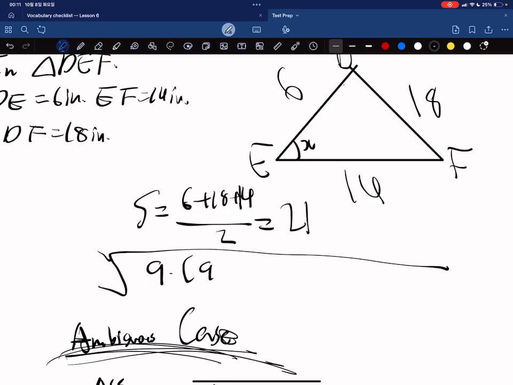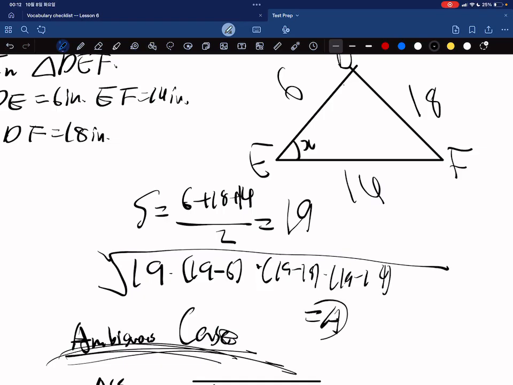I'm so sleep deprived. It is 19. Then 19 minus 6 times 19 minus 18 times 19 minus 14, and then we can find our area.